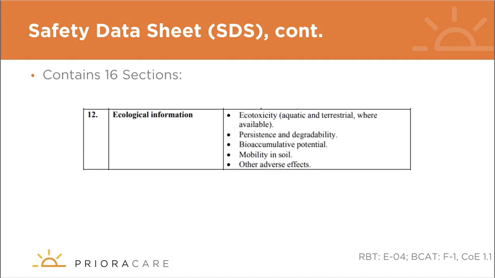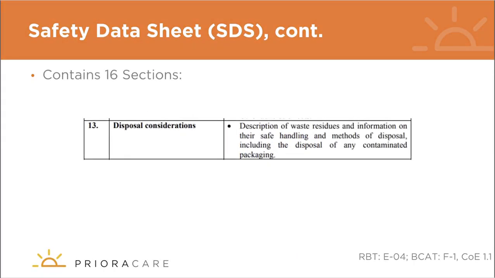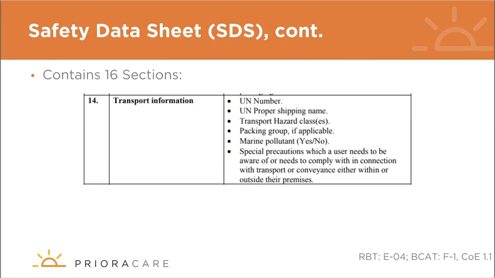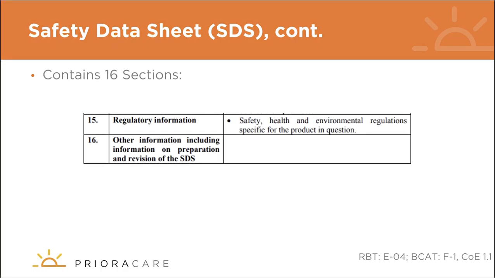The 12th section gives ecological information. The 13th section provides disposal considerations. The 14th section gives transport information. The 15th section provides regulatory information, and the 16th section provides other information, including information on preparation and revision of the SDS.